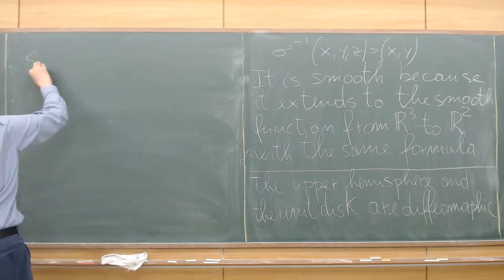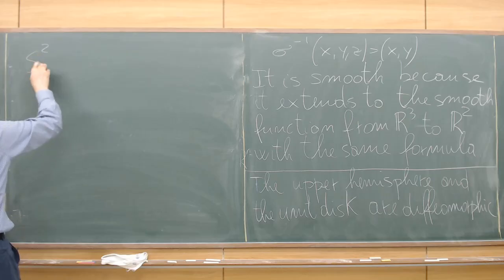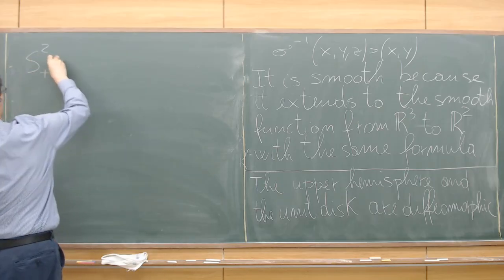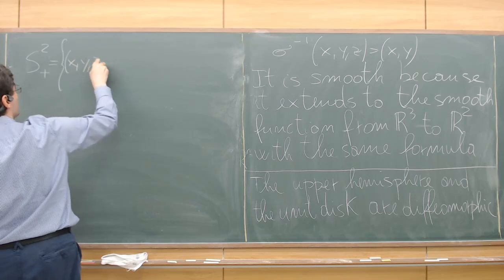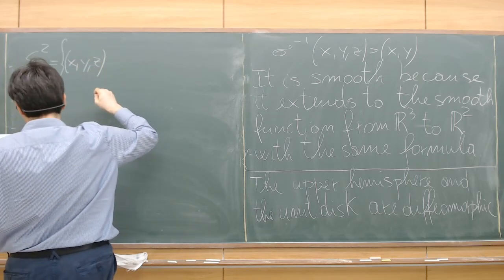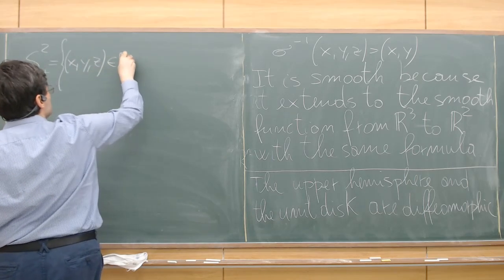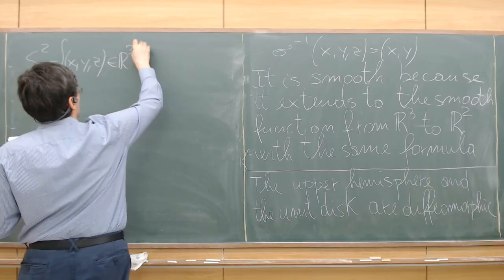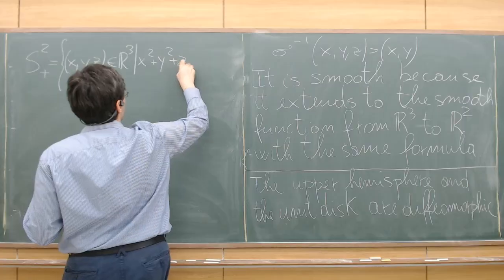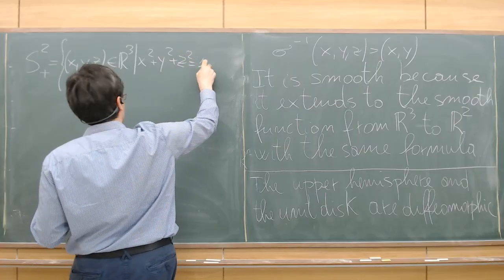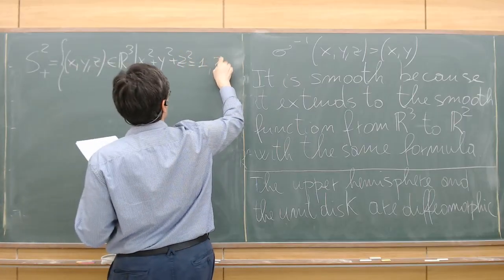The upper hemisphere is denoted by S2 plus, and it is the set of points of coordinates x, y, z in R3 such that x squared plus y squared plus z squared is equal to 1 and z is positive.